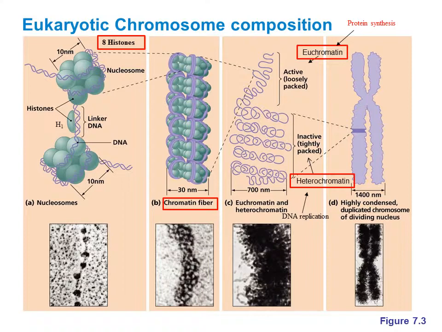DNA can be supercoiled into a structure that is called heterochromatin. This is typically seen during DNA replication, versus the DNA can exist as euchromatin. Most of the time it's in the euchromatin state. This is when protein synthesis can take place.